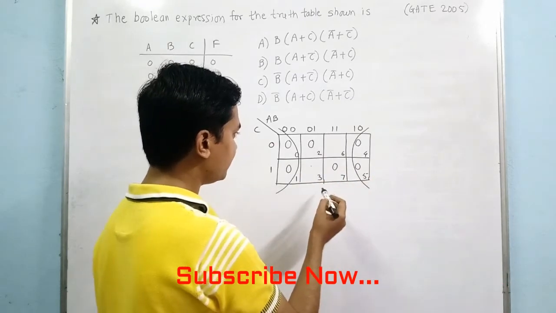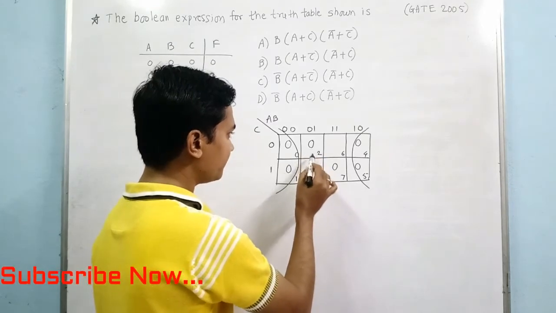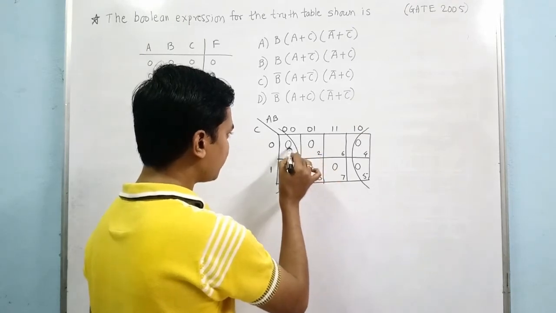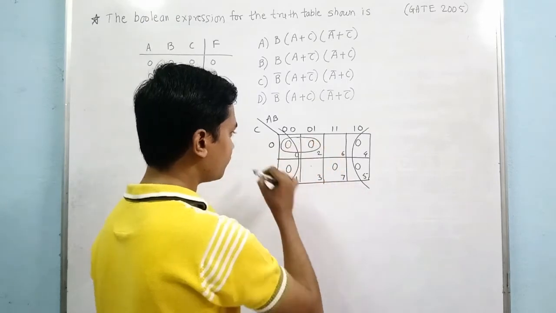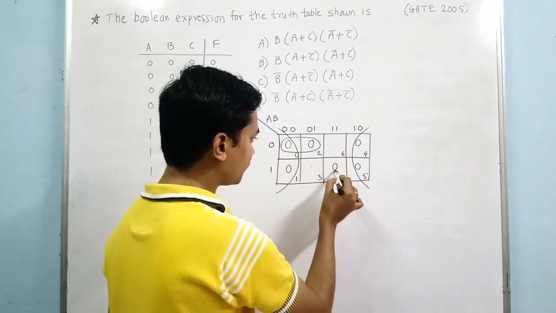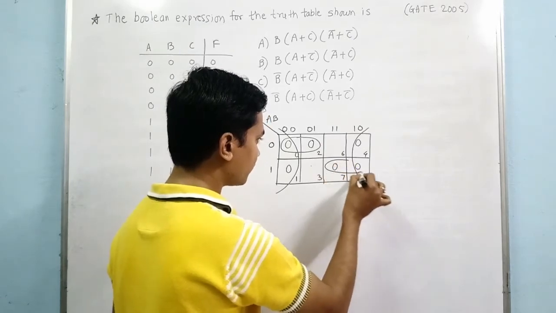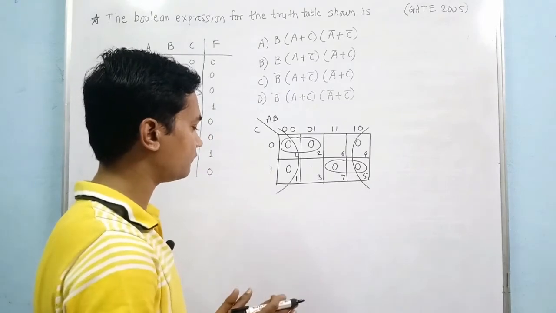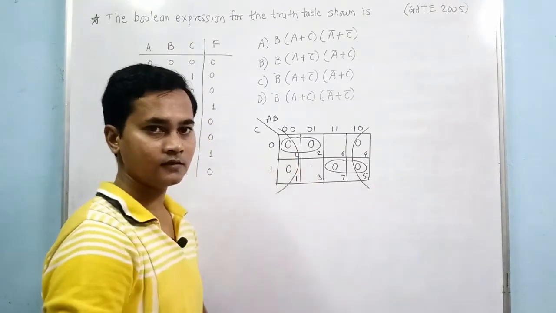The next one is, can we group this 0? Yes, because you can have this 0 in a group of consecutive zeros. Similarly you can group this 0 with the consecutive 0. Further, we don't have any other zeros, so we'll simply write the POS form.